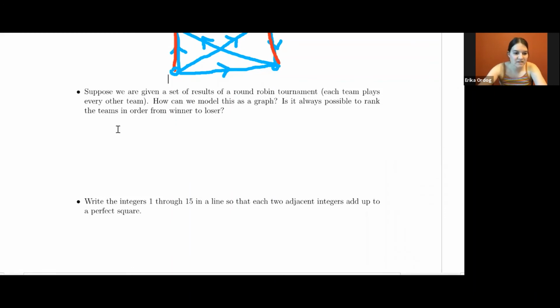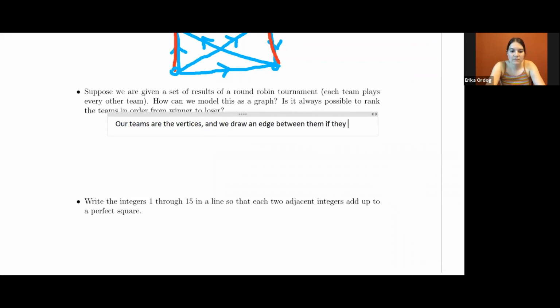Okay, welcome back. So first, how can we model this as a graph? Well, we can let our teams be the vertices, because those are our objects. And we draw an edge between them if they played against each other. Well, they all played against each other, so what kind of graph is it? It'll be complete, right? There will be an edge between each pair of vertices. So the graph is complete.